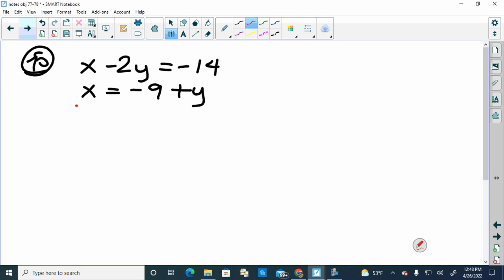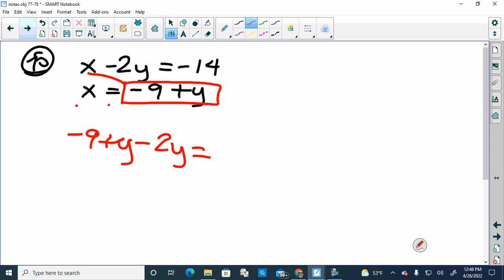So x is this, so I'm going to replace the x in the other equation with that. So now it's no longer an x, it's going to be that, and then I write the rest of my equation. So now I'm solving for y this time versus the x for the first time.